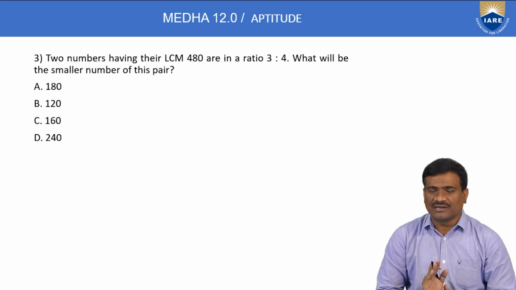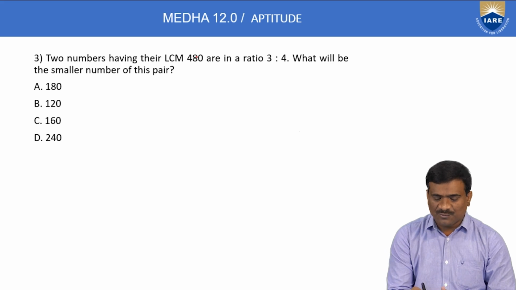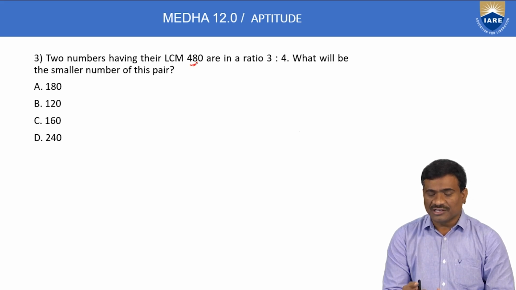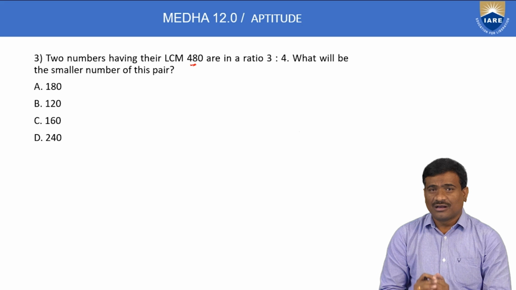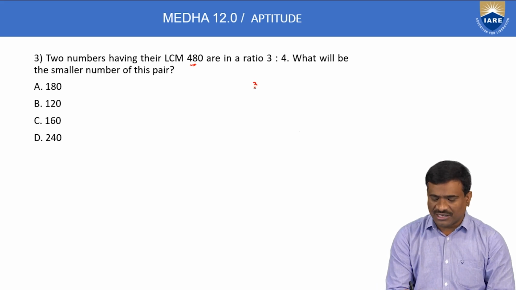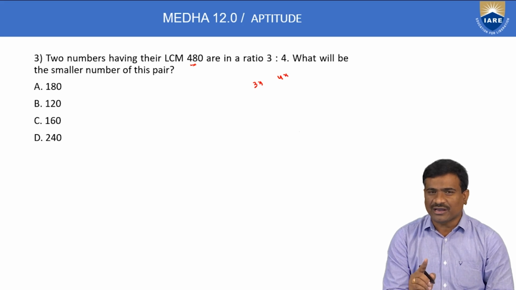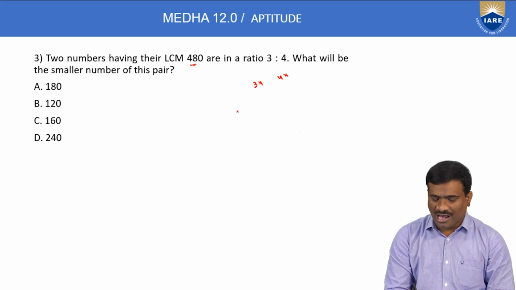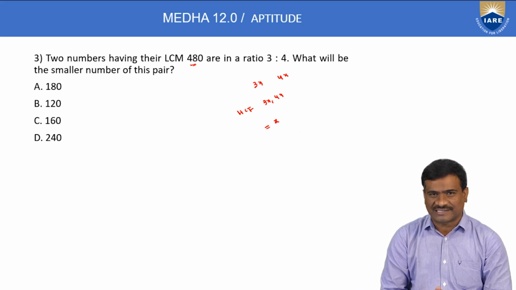Next, the third one: LCM and HCF concept. LCM 480, ratio 3:4. What will be the smaller number of this pair? Assumption: let the first number be 3x and the second number 4x, and also calculate the HCF. The highest common factor of 3x, 4x is x, as the only common factor is x.